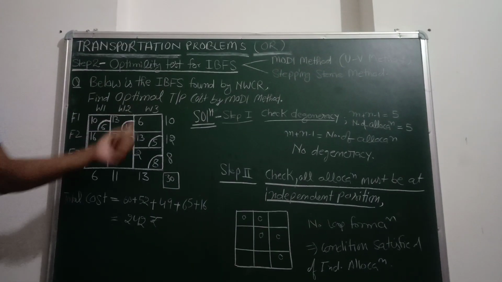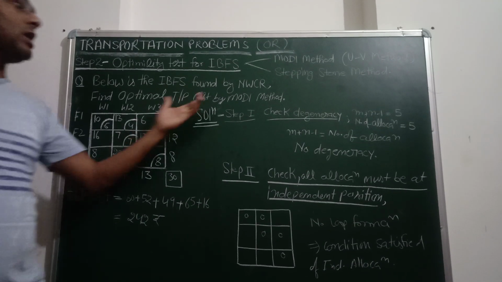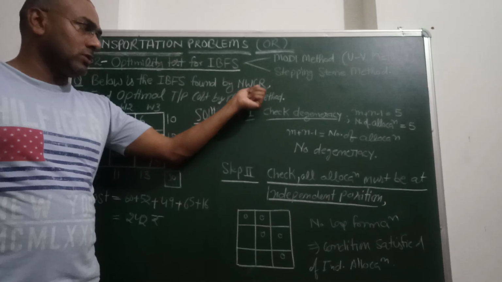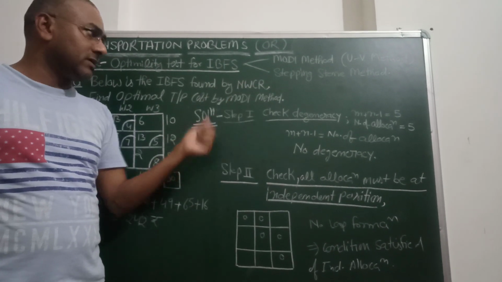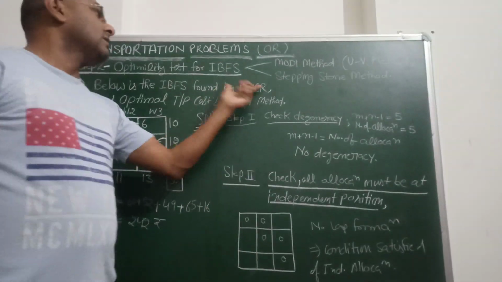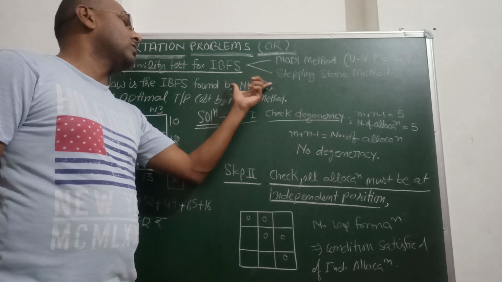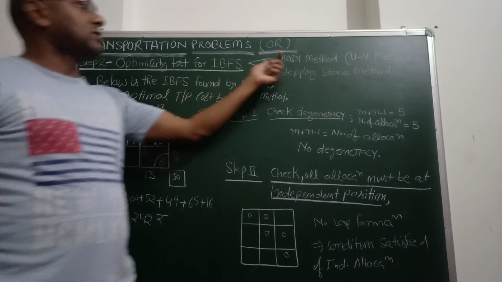As you know, in the previous video we solved this transportation problem using all five methods, that is northwest corner rule, lowest cost entry method, row minimum method, column minimum method, and Vogel's approximation method. So we are using that solved IBFS solution for further proceeding in the MODI method.